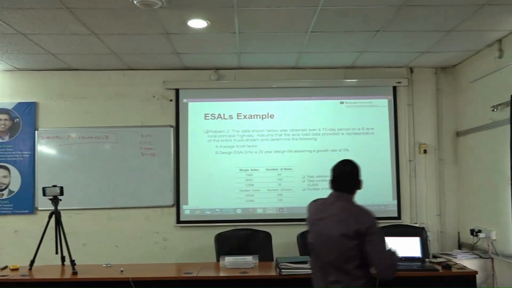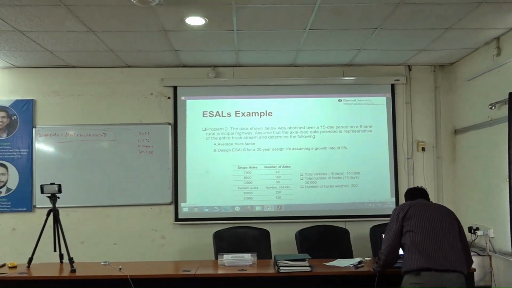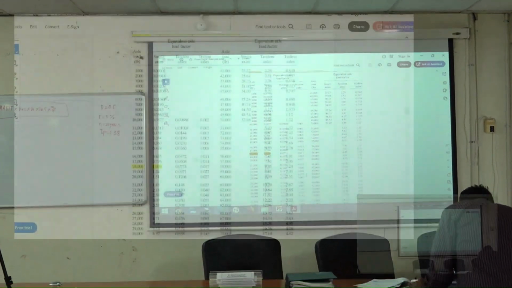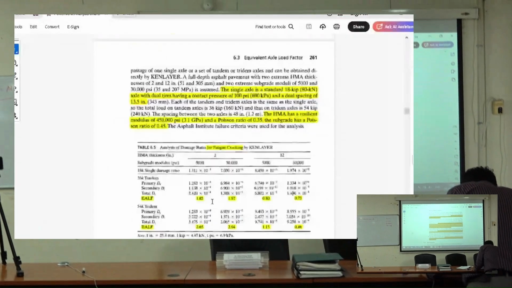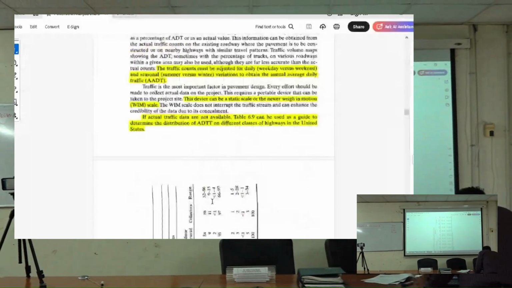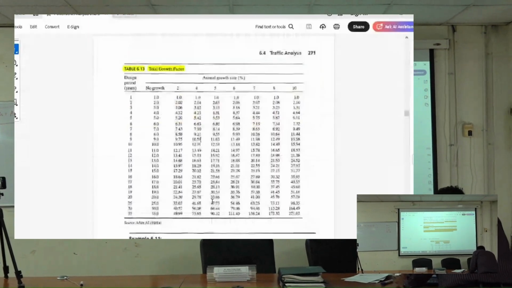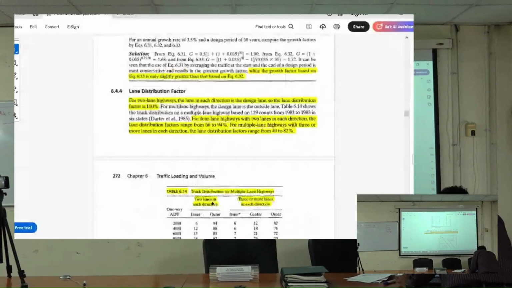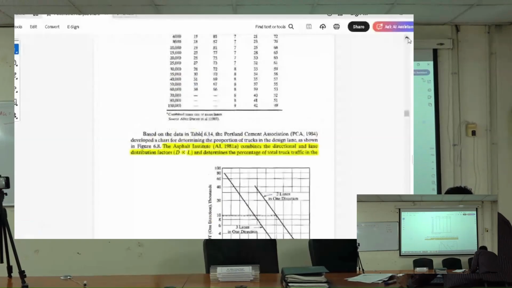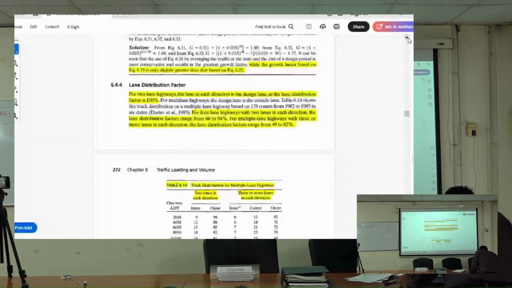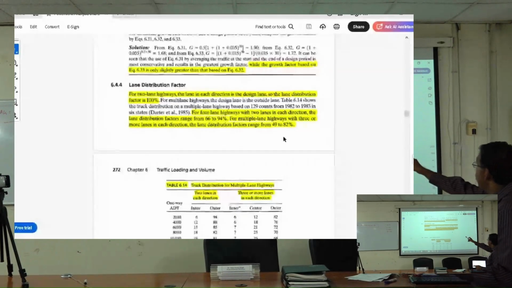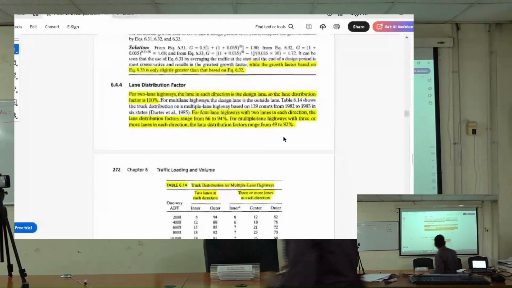I will give you L. L for a 6-lane rural principal arterial, for three or more lanes in one direction, ranges from 49 to 82.